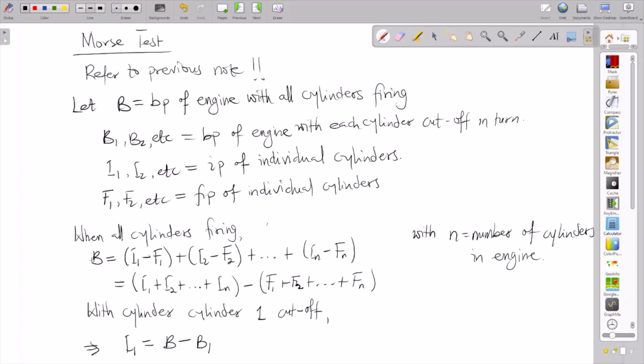So in mathematical terms, we're trying to quantize it. We'll realize that the brake power, which we denote as B, is the total brake power for all cylinders firing, and B1, B2, B3, up to Bn is the brake power when that particular cylinder is cut off. And then we can find the total by finding the sum of the difference between the indicated power and the friction power for that particular cylinder that is cut off.